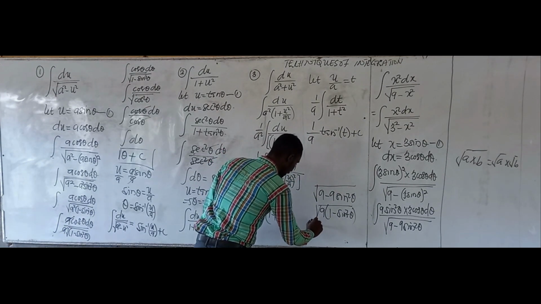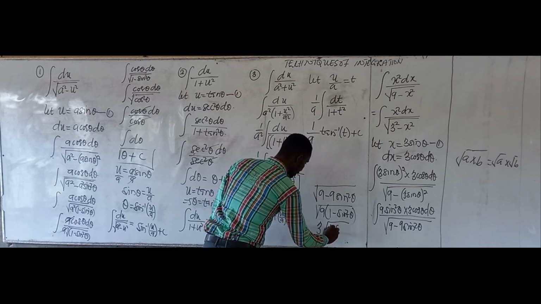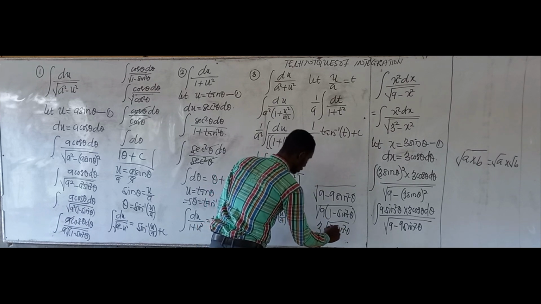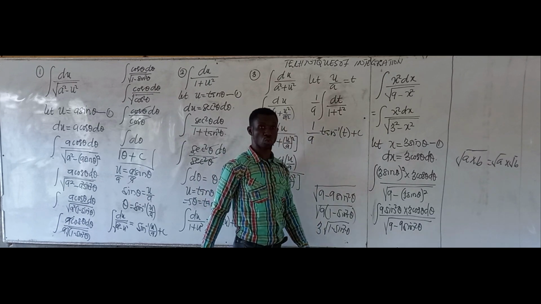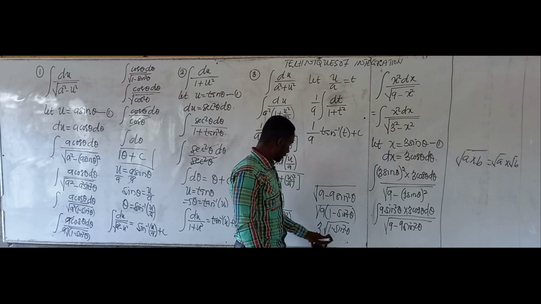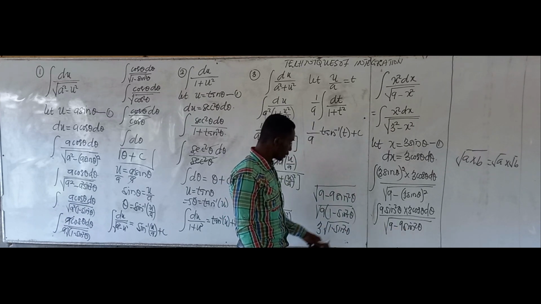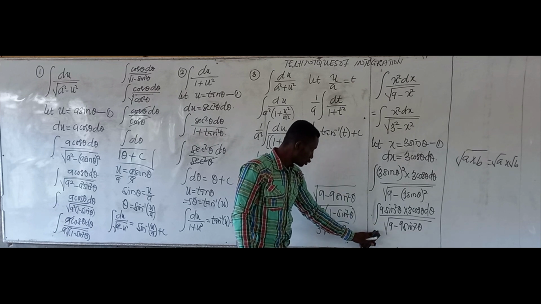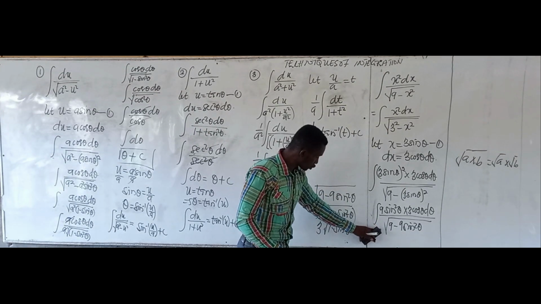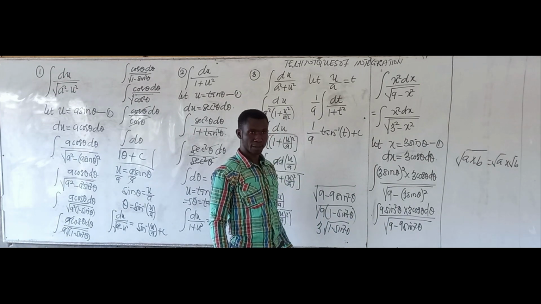The root of 9 gives me 3, so we get 3 times the root of 1 minus sine squared theta.